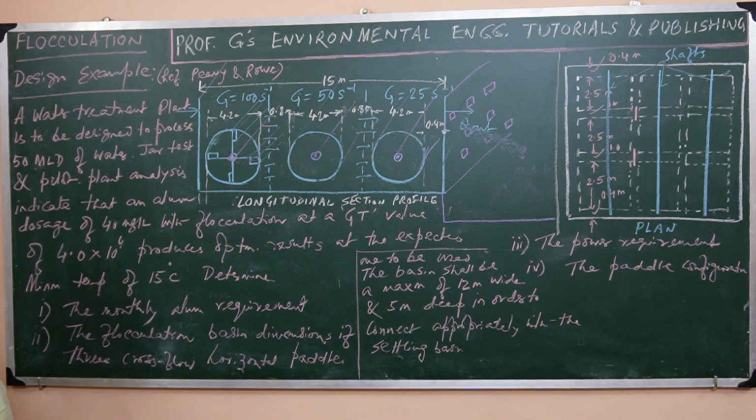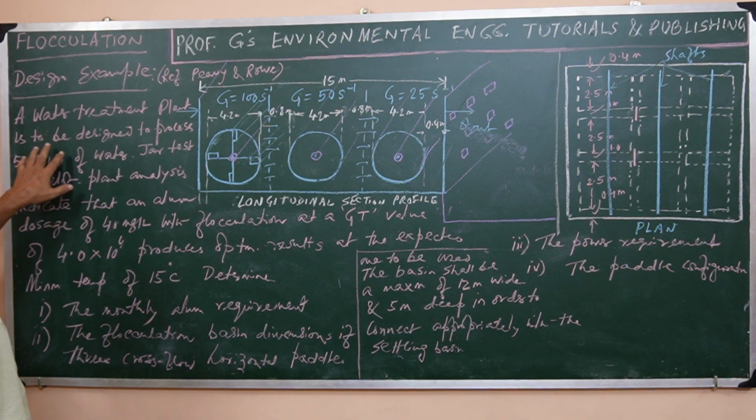Okay. Now a water treatment plant is to be designed to process 50 MLD, which is equivalent to 50 into 10 to the power 3 meter cube per day of water.